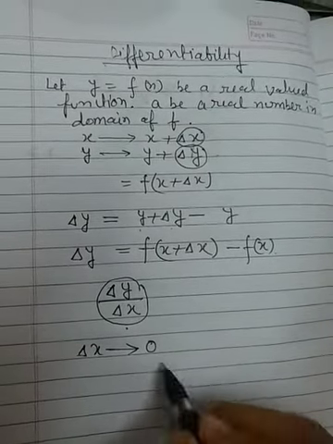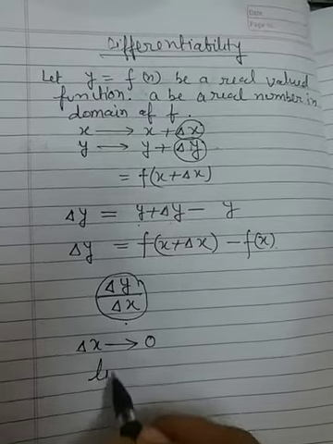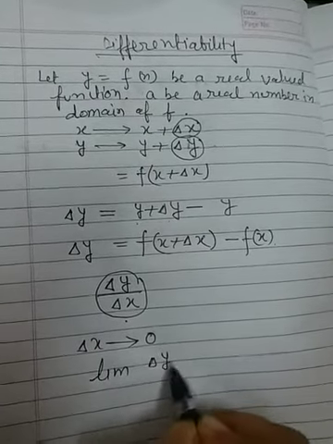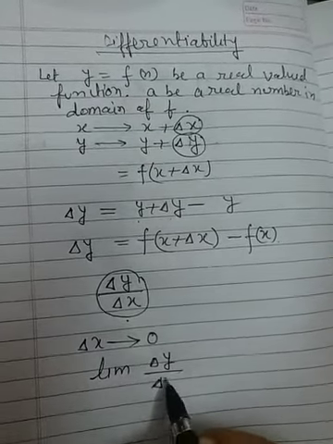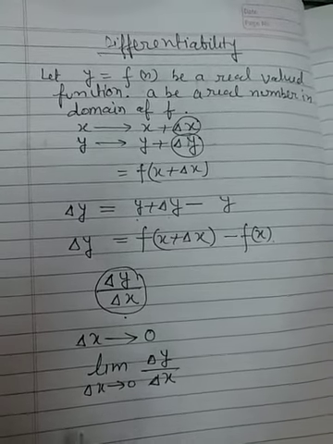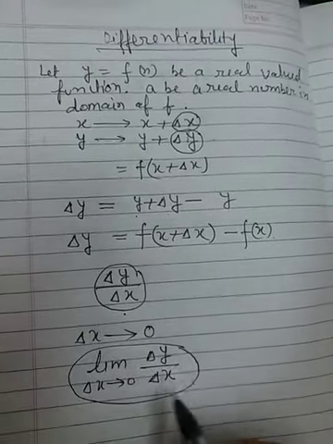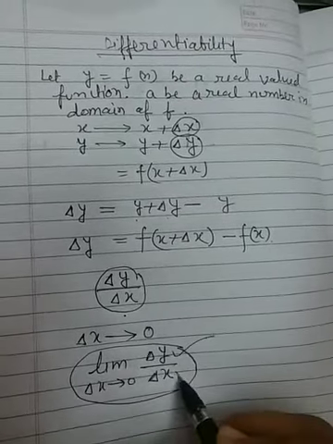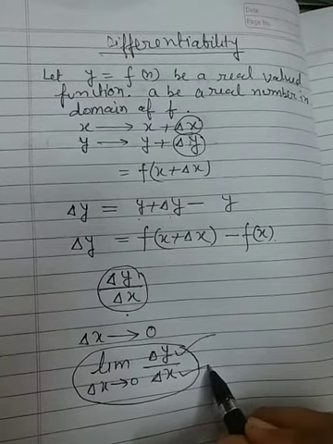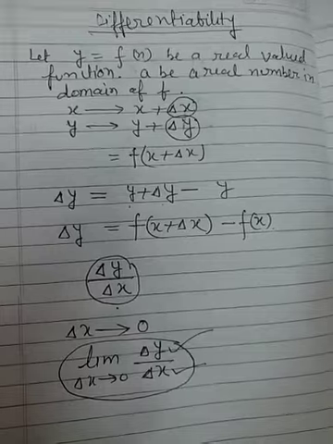In this condition, if you find the limit of this ratio delta y by delta x, whenever delta x tends to 0, then this limit is known as differentiation of y with respect to x. Is it clear? This we have gone through in class 11th also.